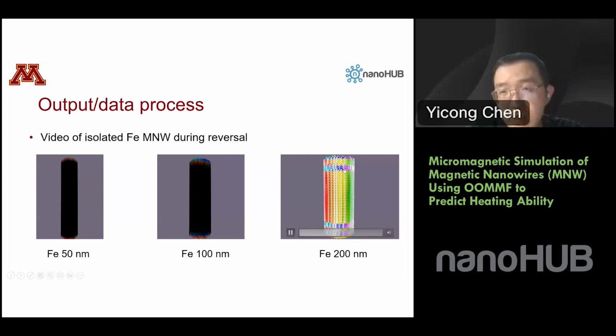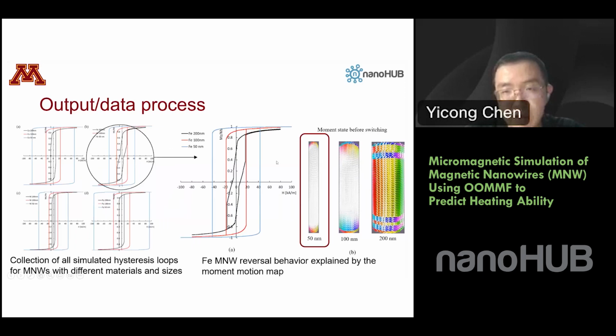The reversal process is more complicated, like the outer side switches first and then the inside. You can still see the inside has colorful lines remaining. We call that a skyrmion line reversal pattern, and it can also be represented by the wasp-waisted hysteresis loop, like here.